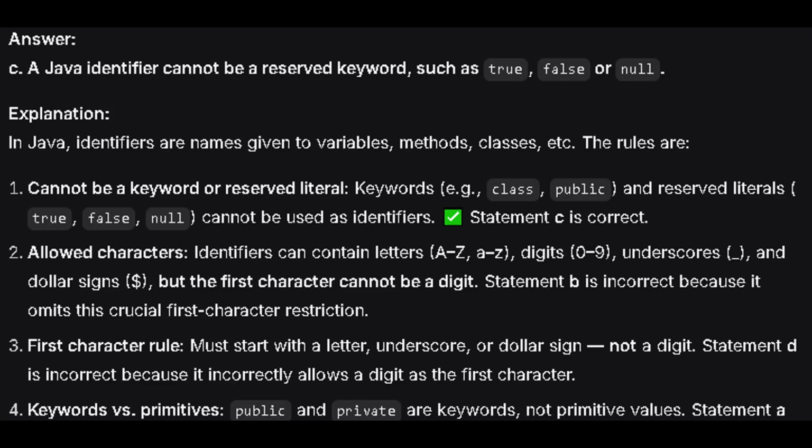But the first character cannot be a digit. Statement B is incorrect because it omits this crucial first character restriction. First character rule: must start with a letter, underscore, or $ sign, not a digit. Statement D is incorrect because it incorrectly allows a digit as the first character. Keywords versus primitives: public and private are keywords, not primitive values. Statement A is factually incorrect in its description.